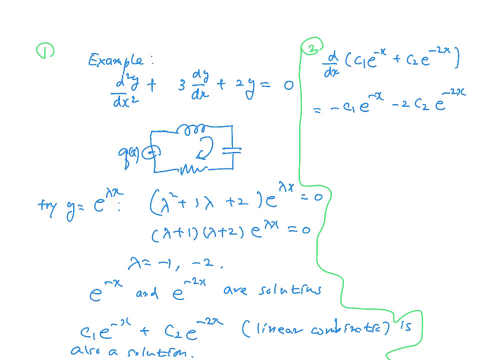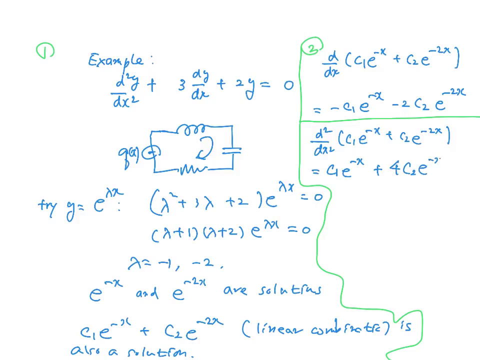And if we differentiate twice, you differentiate once again, so minus becomes plus. So that is c1 exponential minus x plus, in this case, we have minus 2 and also another minus 2 from here, so it's going to be 4c2 exponential minus 2x.